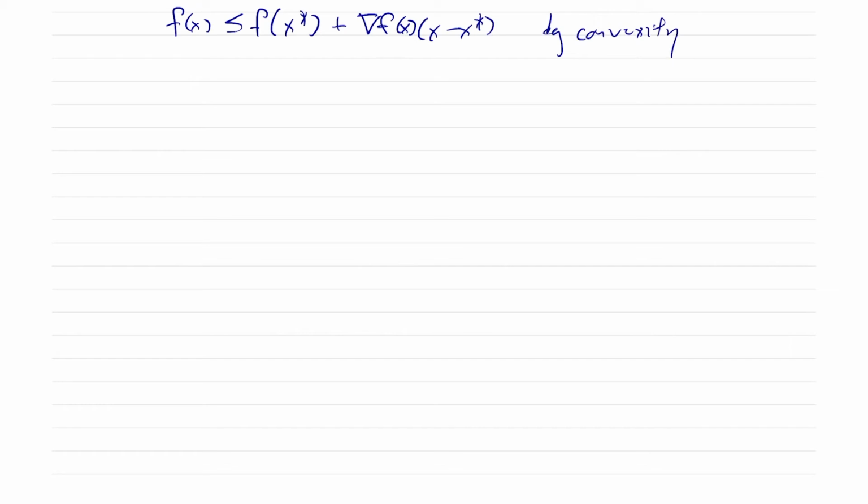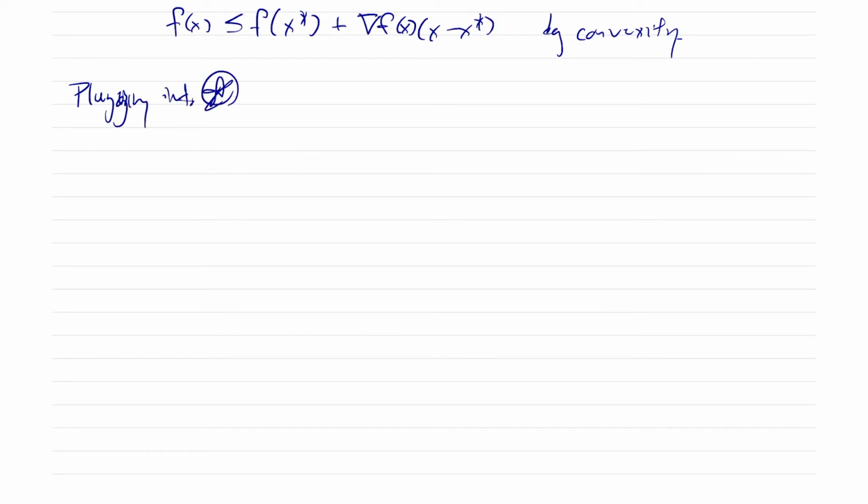All right, next is this. If we take a look at that proposition we mentioned earlier, we have this from convexity. f of x is going to be less than or equal to f of x star plus the gradient of f of x times x minus x star, and this is by convexity. Then plugging this into star, what do we get?